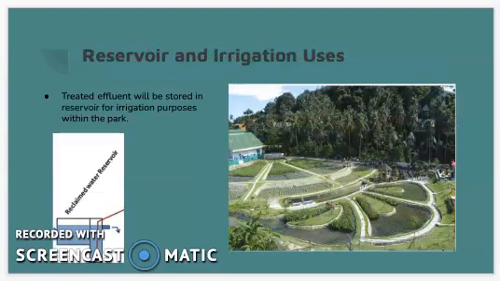So it would drain from there into an actual reservoir where it would be held for irrigation and for farm use. So any animals that are on the island could potentially drink this water that people are just basically disposing of. And it can also be used for irrigation to ensure that the plants that they're growing on the island are properly watered.